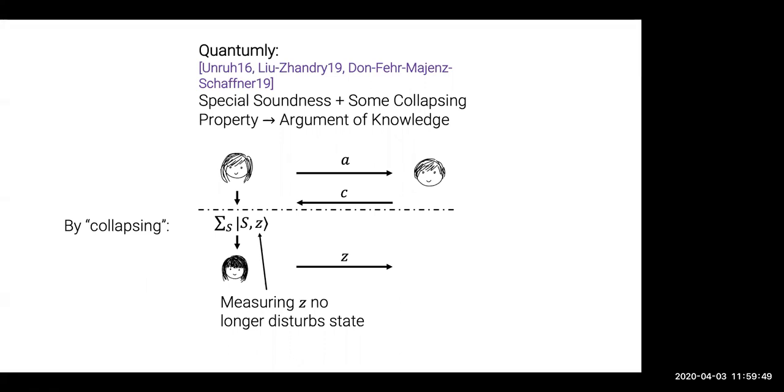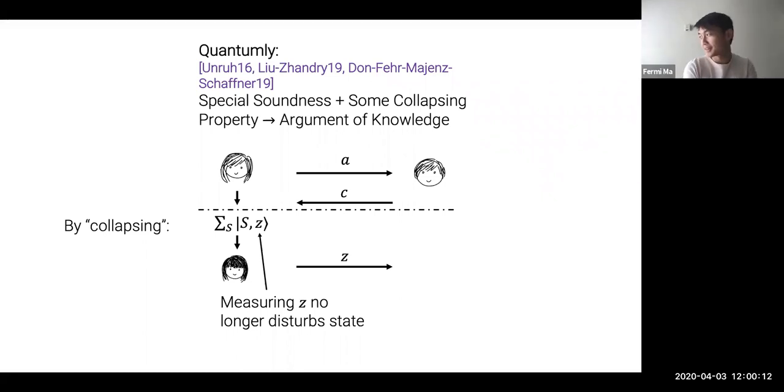Hey, Fermi, can I ask a quick question? Yeah. So Unruh already showed that random oracles are collapse binding, and then it looks like these works require some additional work to get the Fiat-Shamir working, right? So what was missing? Probably not the right person to ask. I don't actually know how these papers work beyond what I Googled yesterday to make this slide. Okay. So I think you also need to generate the verifier's challenge C as the output of the random oracle and then prove soundness.